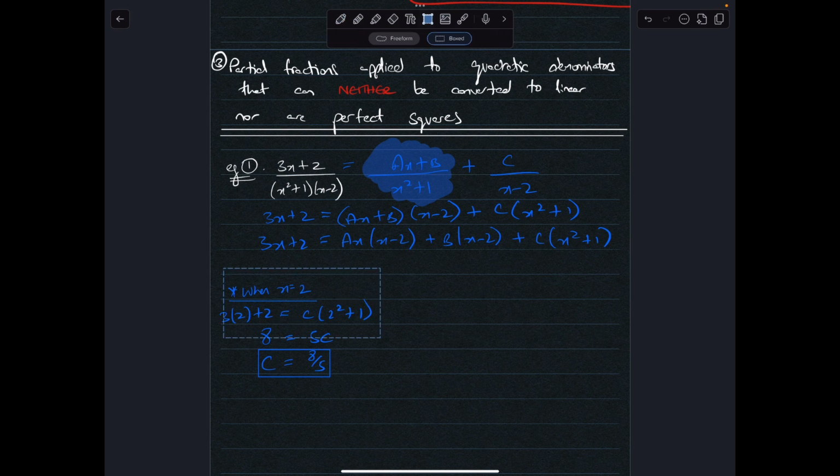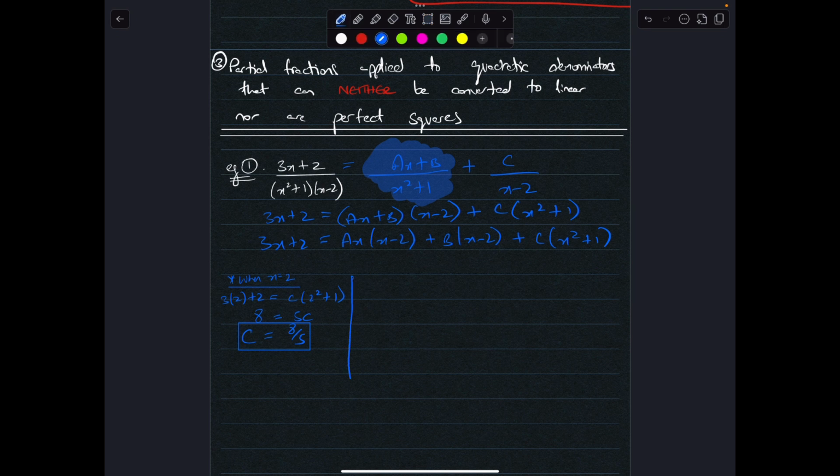And just make the working a bit smaller. I doubt space issues. And when x is equals to, let's take 0, so this one's fine.